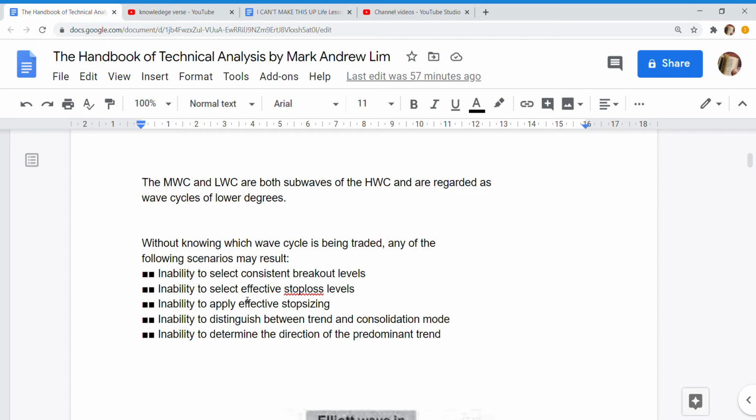The MWC and LWC are both subwaves of the HWC and are regarded as wave cycles of lower degrees.